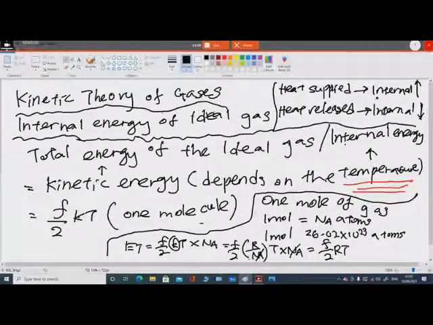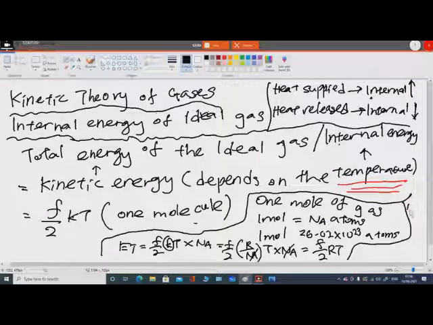What if I have N moles? Let me scroll here. With N moles, our total energy equals F over 2 nRT.